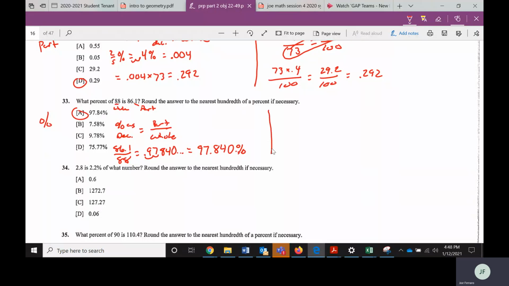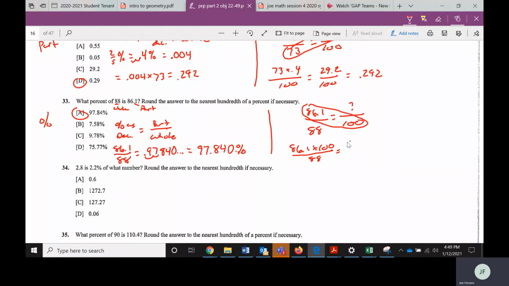Okay. If we do it this way, again, fill in what you know, 86.1 goes there, 88 is here. We don't know the percent. So we cross multiply and divide, 86.1 times 100, all divided by 88.